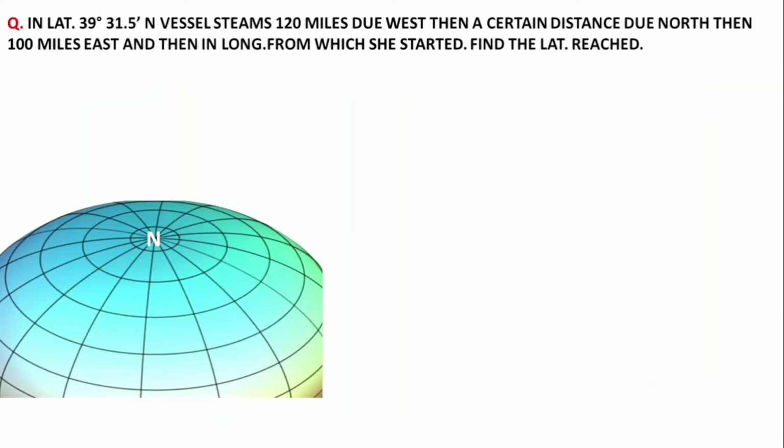In this question, latitude. So the ship is somewhere here. It says steams due west. Now steaming due west or east means that you're sailing along a latitude, and the distance traveled, or distance made good, is the departure.